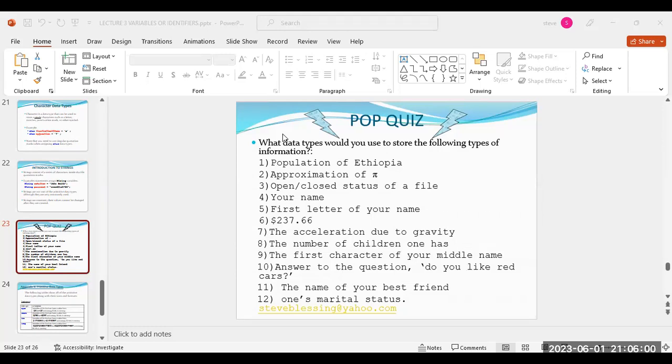I suggest it should be long. Why? Because long has no limited range, but int has a range.